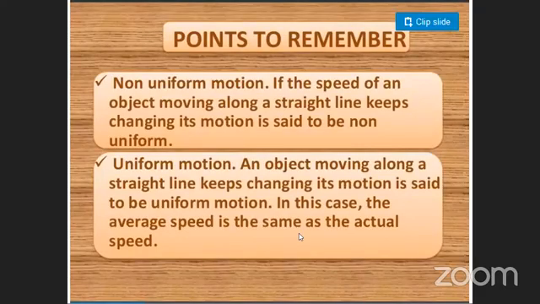Salman? Yes. So when we are moving sometimes to the right and sometimes to the left, we call that non-uniform motion. And if we go in a straight way from our hostel to school, we call that uniform motion.